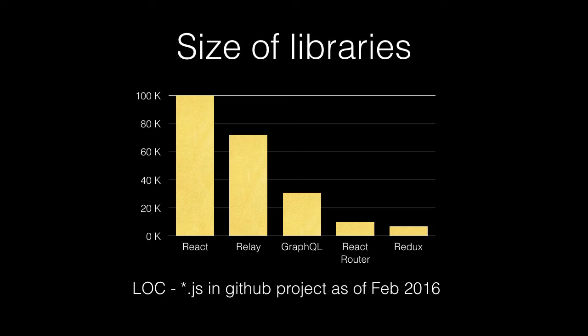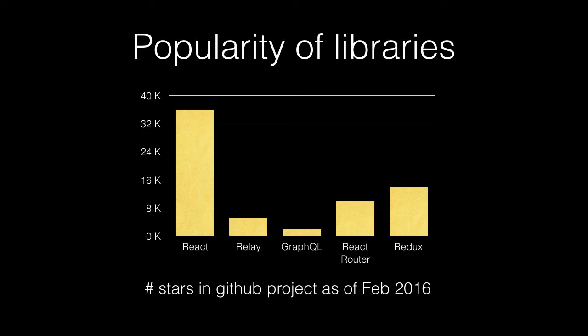So, these are the stars on GitHub, and React has a lot, of course. And then there's quite a lot also for Redux, and far less for Relay and GraphQL. And I think part of the reason is that they're not so popular yet, because they're relatively younger, and also the concept is more difficult to grasp.